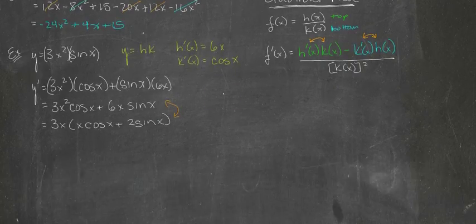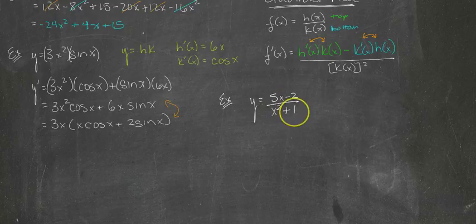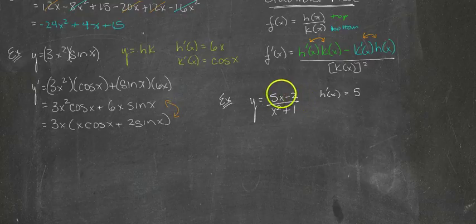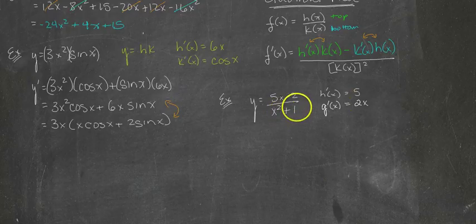So let's do an example. I've got y equals 5x minus 2 over x squared plus 1. If I call h of x the top, then h prime of x is 5, because the constant rule says this is 0, and the constant multiple rule says this is 5. The k prime of x, the derivative of the bottom, is 2x plus 0.